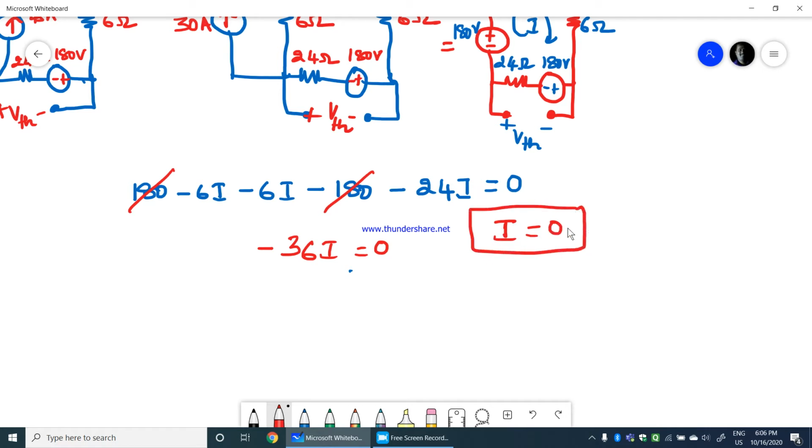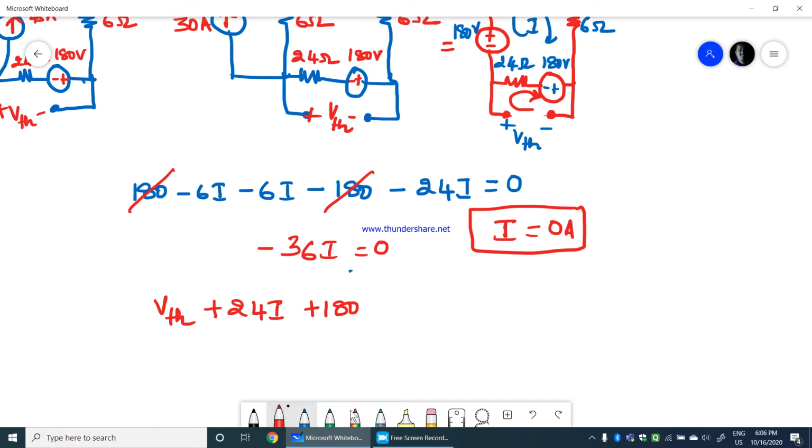Current equals 0 amps. Now, the next step is I'll try to write the equation for this loop by considering VTH. So, what will I get? Plus VTH. Say I'm considering this VTH and writing a KVL for this loop. Plus VTH. I is flowing in this direction. I am taking it in this direction. So, it becomes plus 24I, plus 24I, and plus 180.